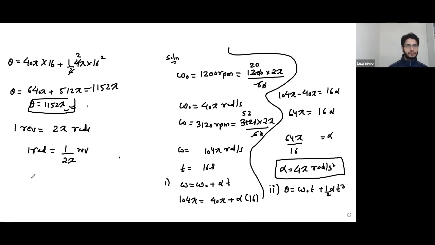Sir will not put the value of pi, like 22 by 7, it gets cancelled out. So 1152 pi will be 1152 pi into 1 by 2 pi. So pi will cancel this pi. If I divide it by 2, 2 5s are 10, 7 and 6. 576 revolutions.